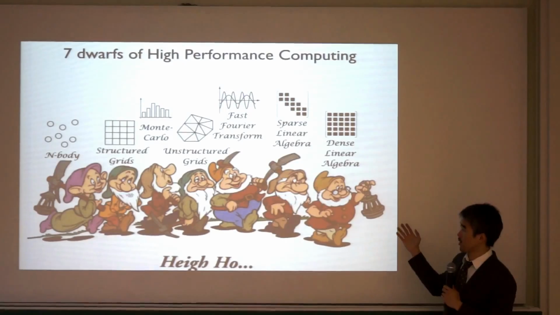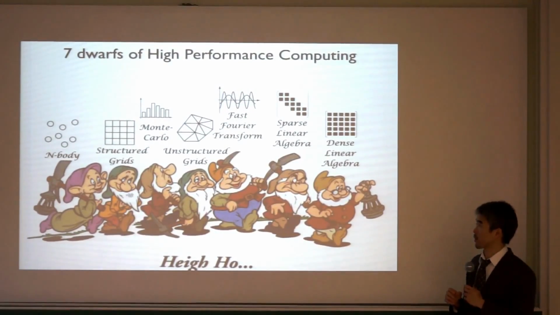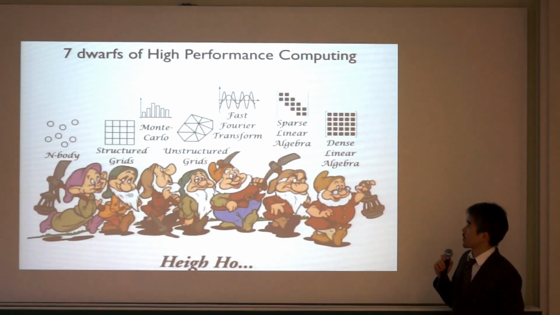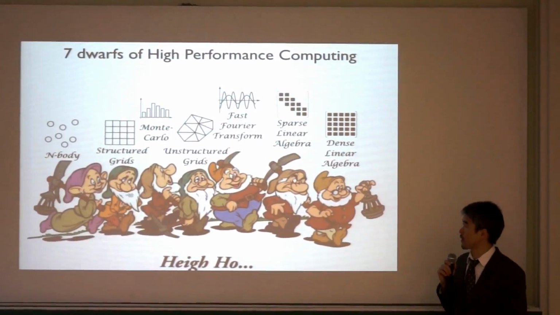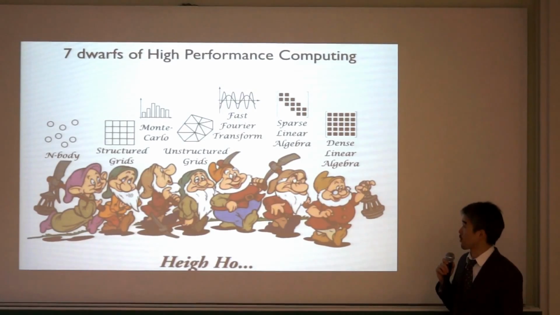The most historically well-known categorization uses an analogy between the seven dwarfs in Snow White and maps them to these seven different algorithms.